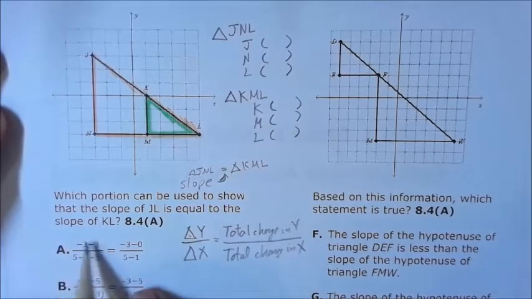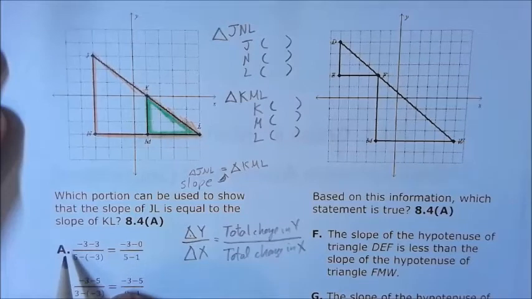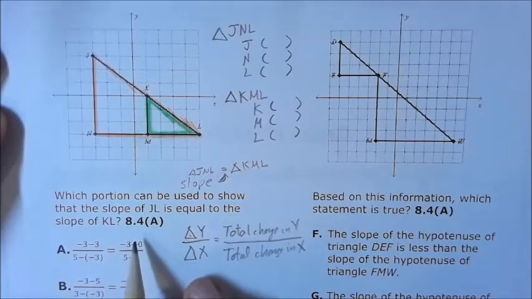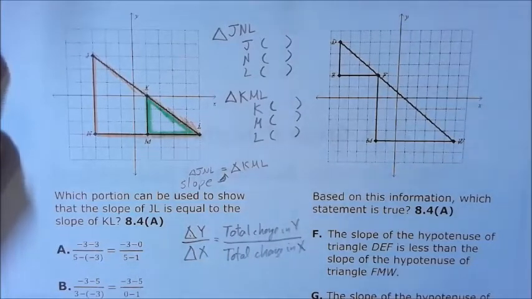These values on top should all be y, and these values on bottom should all be x. If for some reason they put an x on top or a y on bottom, then we have an issue, and we can eliminate that possibility as an answer.